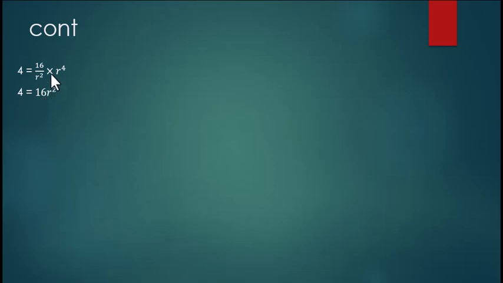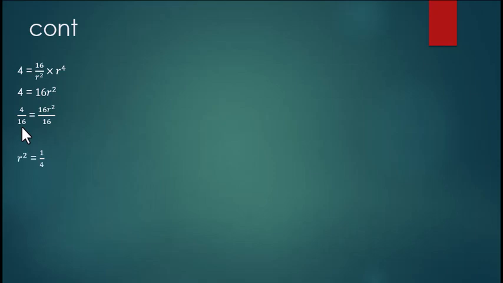So this into this will have 2r squared. So from there, for us to find the value of r, we divide both sides by 16. When we divide both sides by 16, this and this will cancel, so we have 4 over 16.